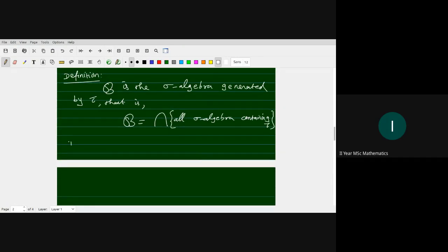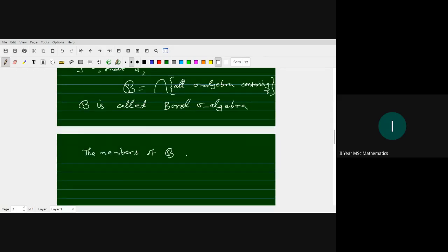The members of this B are called Borel sets, and script B is called the Borel sigma algebra.